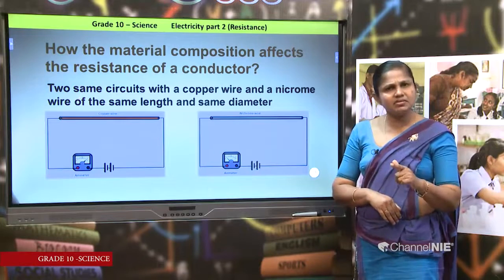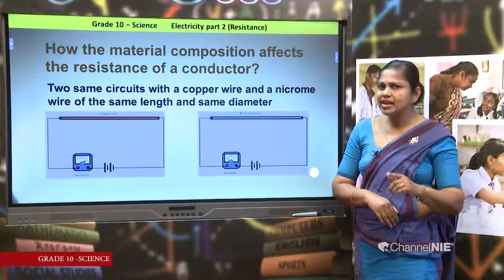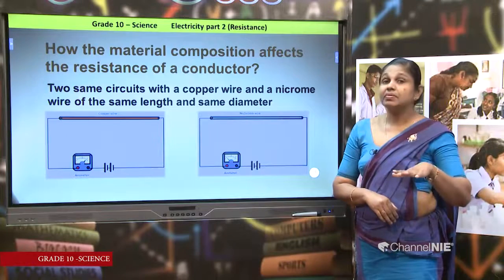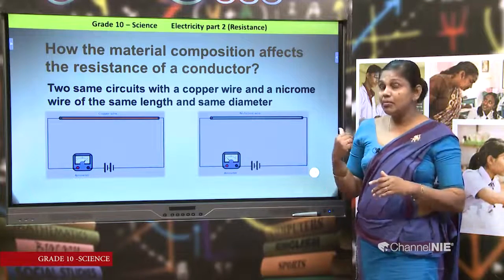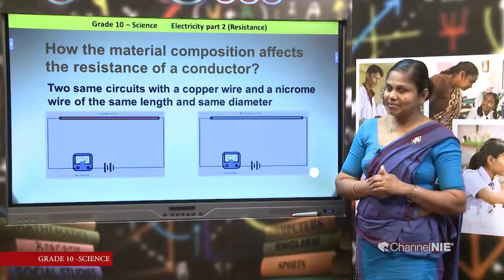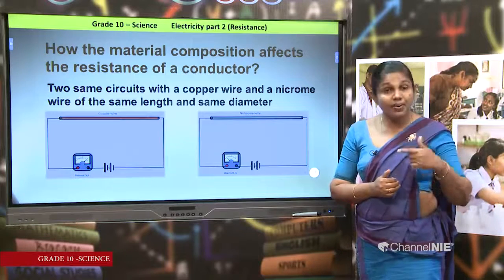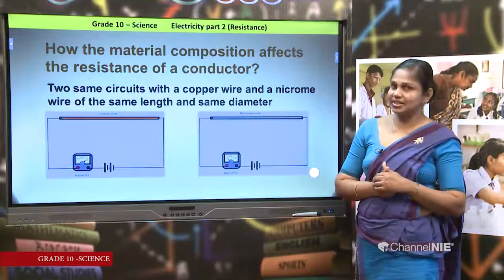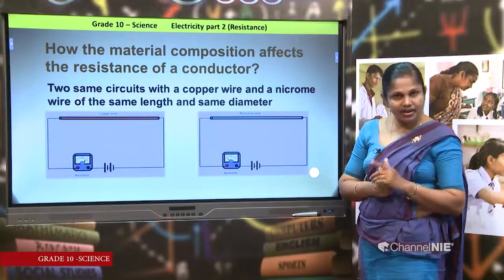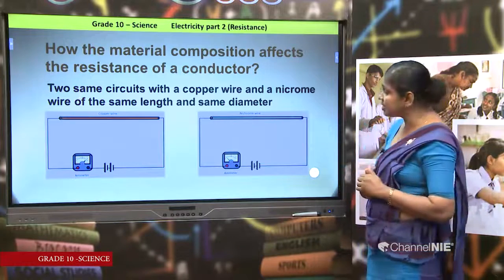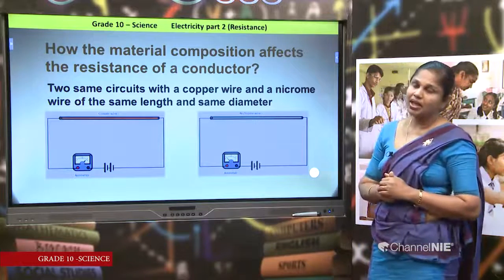When the resistivity of the material is low, the resistance is also low. Here nichrome has a greater resistivity. Because of that, nichrome provides a high resistance. Then the ammeter reading decreases because of the high resistance of the circuit.